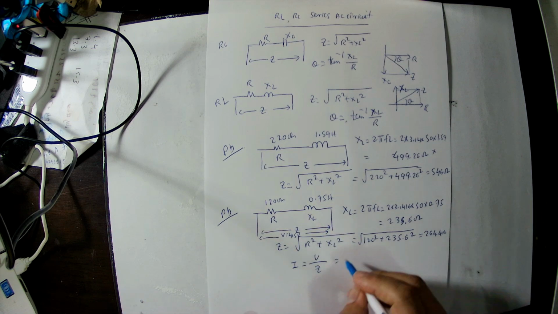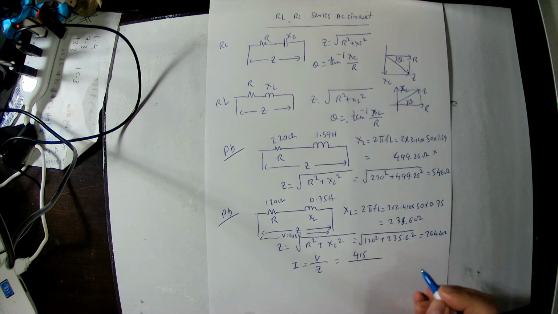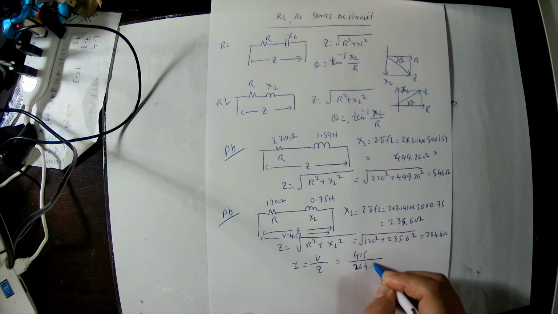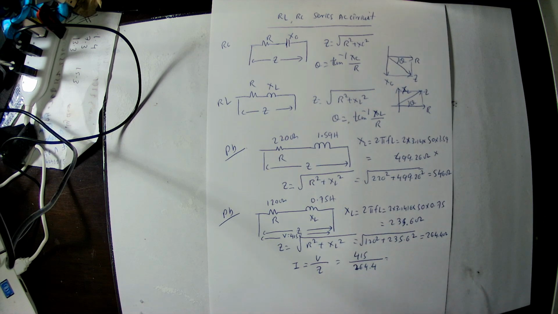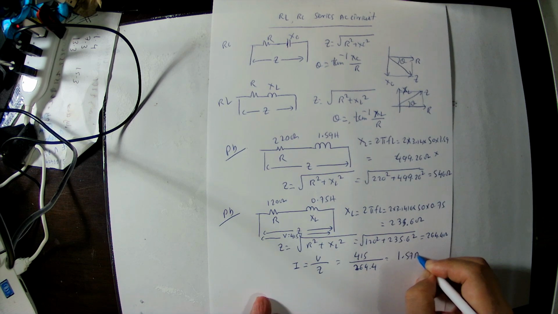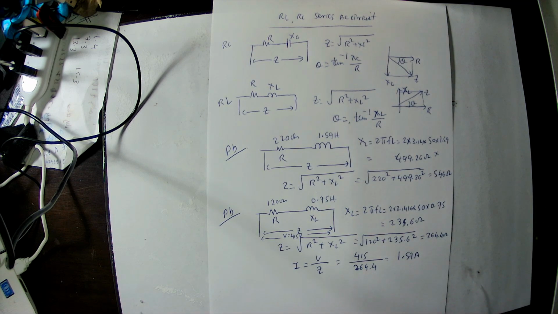So the 415 volt divided by the impedance Z 264.4. So 415 divided by 264.4. So there will be 1.57 ampere. So this is how the current can be calculated.